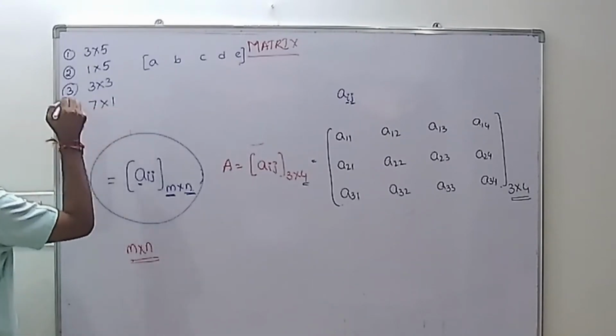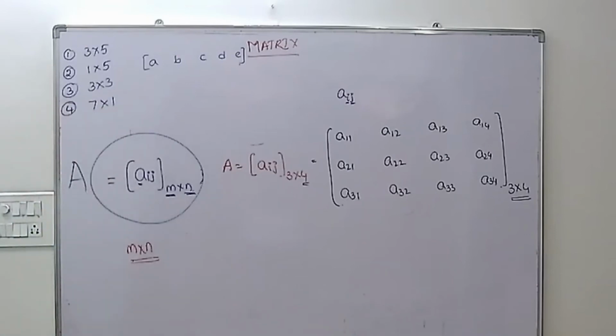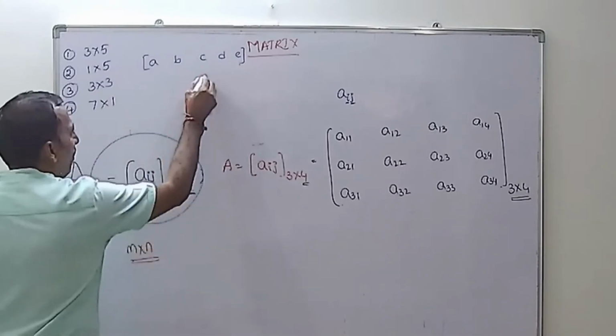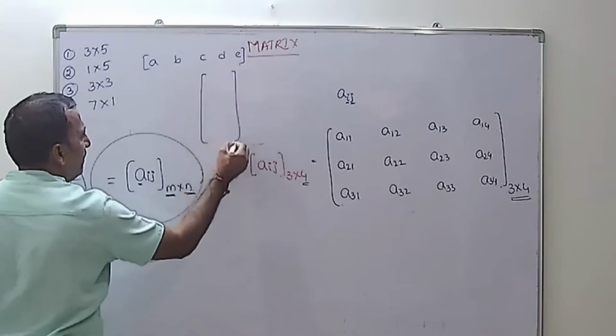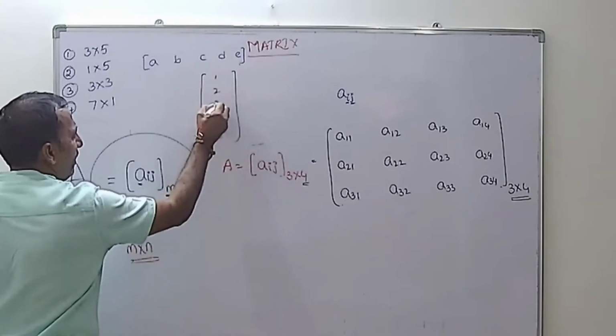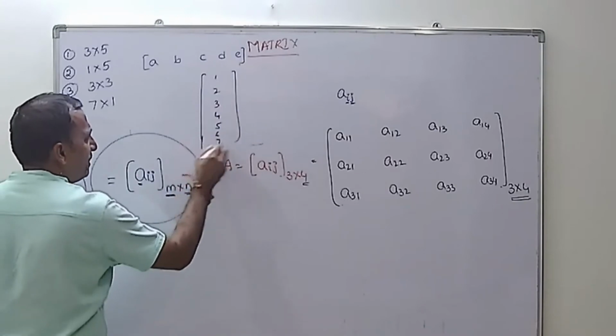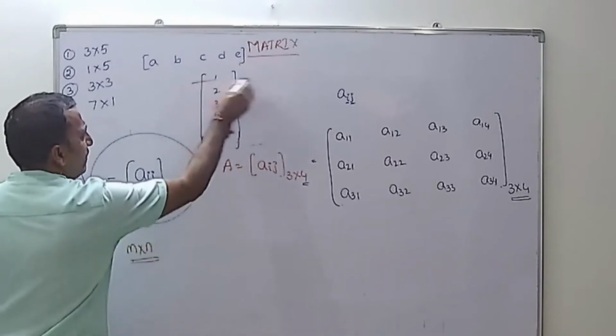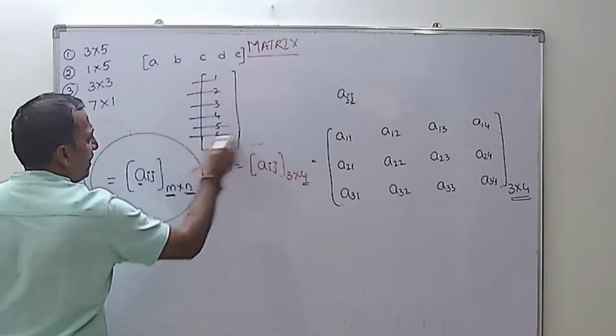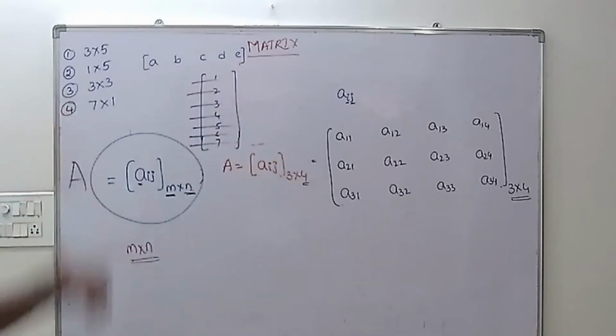Order is 7 by 1. Means what? 7 rows, 1 column. ఇలా ఉంటుంది. 1, 2, 3, 4, 5, 6, 7 rows, 1 column.